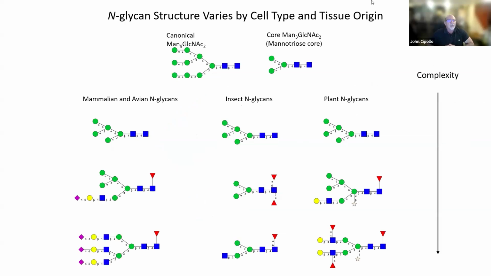Okay, so a little bit about cell substrates. The cell type and the tissue origin can dictate, at least in part, the type of glycan that's presented on the cell surface. In terms of N-glycans, going from less complex to more complex, and looking at three different versions, mammalian and avian, insect, and then plant, these can give rise to different glycans.